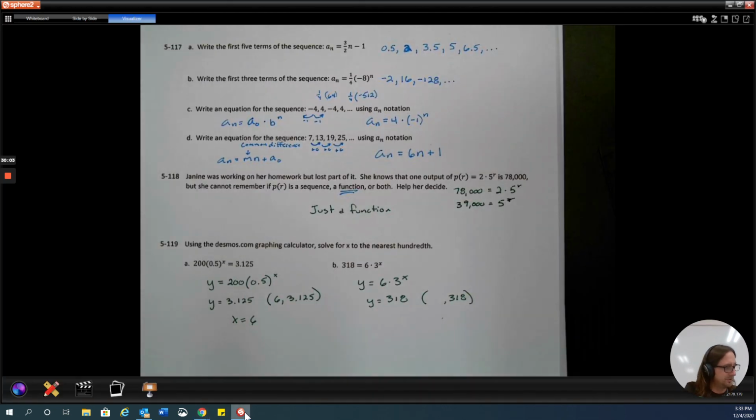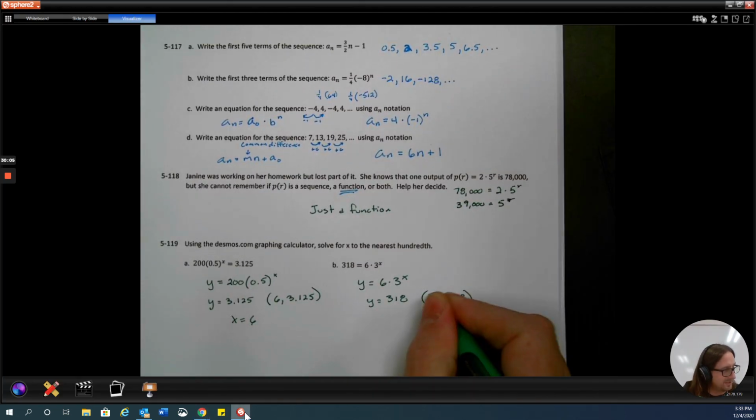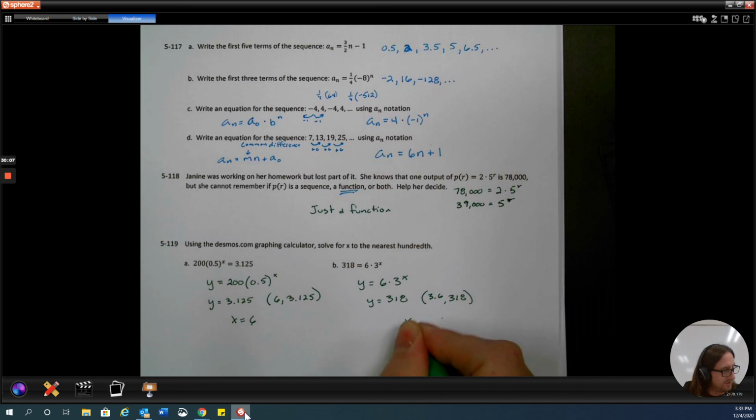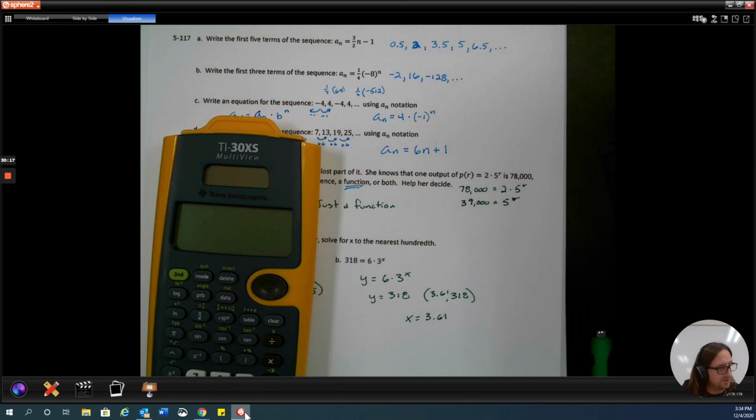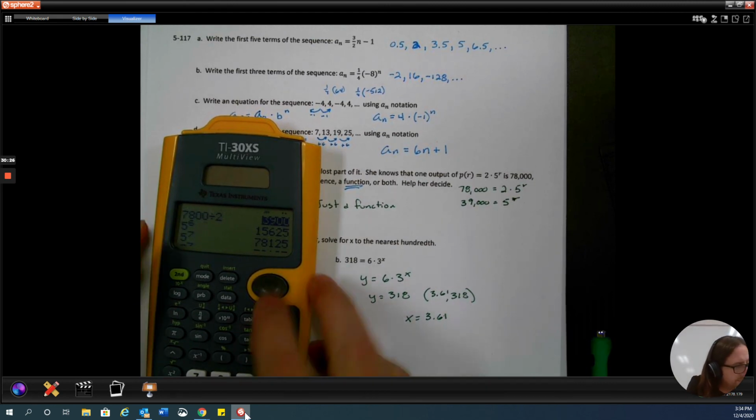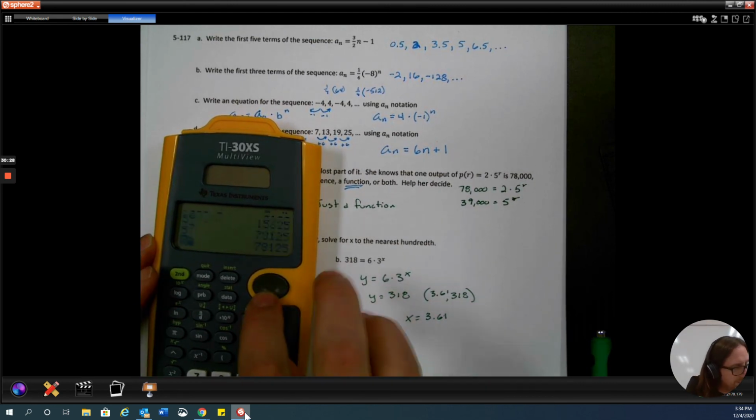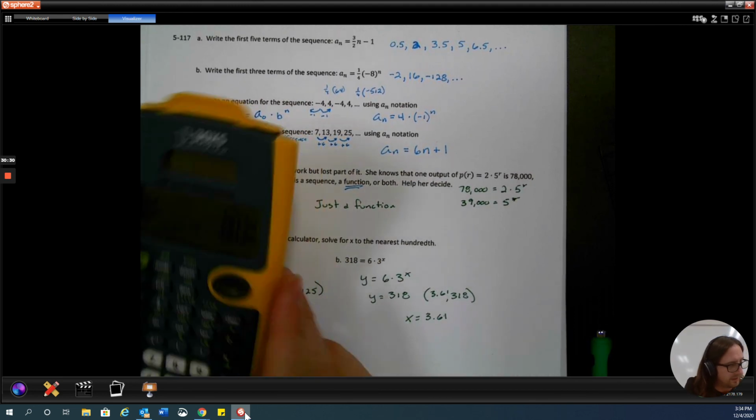All right, so the x value was about 3.6. So to solve this equation, x would be about 3.61. And you can actually plug that into your calculator if you want to. You could do something like 6 times 3 to the 3.61 power. Why is everything not working today?